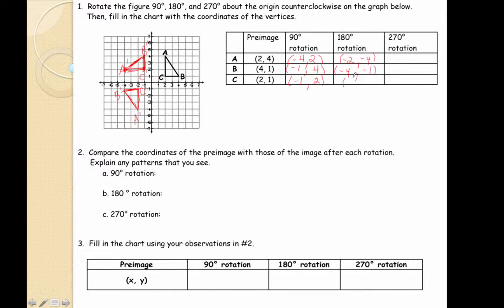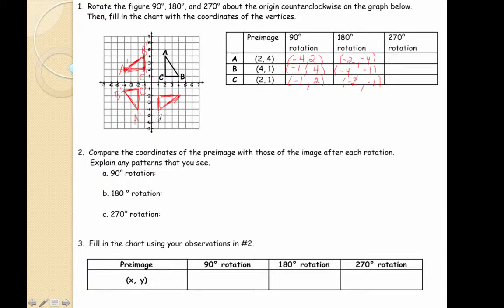And C went to negative 2, negative 1. Now if I go one more time around, then I end up with this triangle.